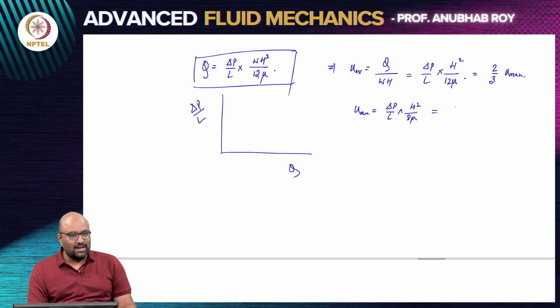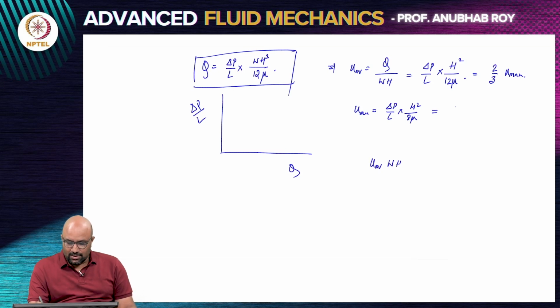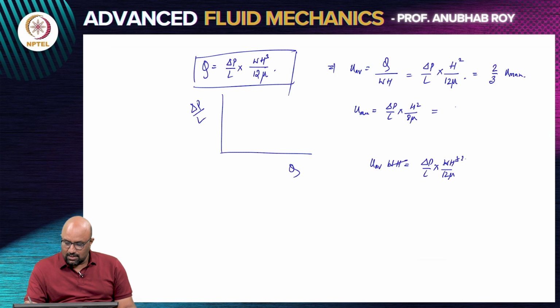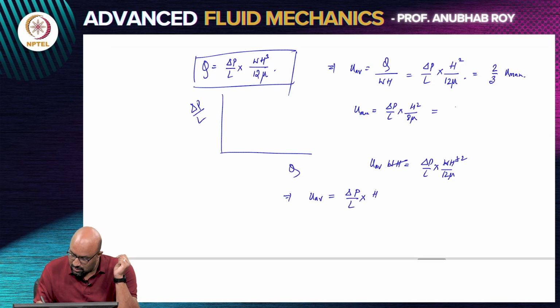Because you can write your Q as U average times WH, so then this becomes del P by L WH cube by 12 mu. So U average is equal to del P by L into H square by 12 mu.